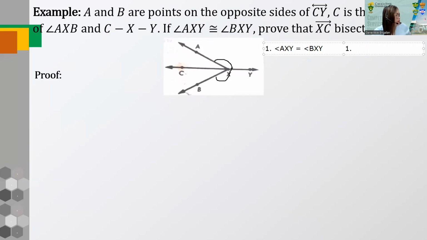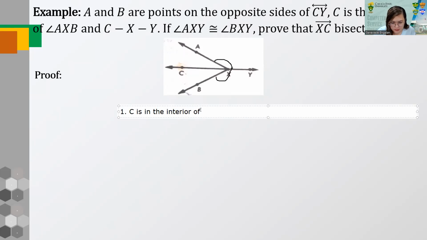First we show that C is in the interior of angle AXB.